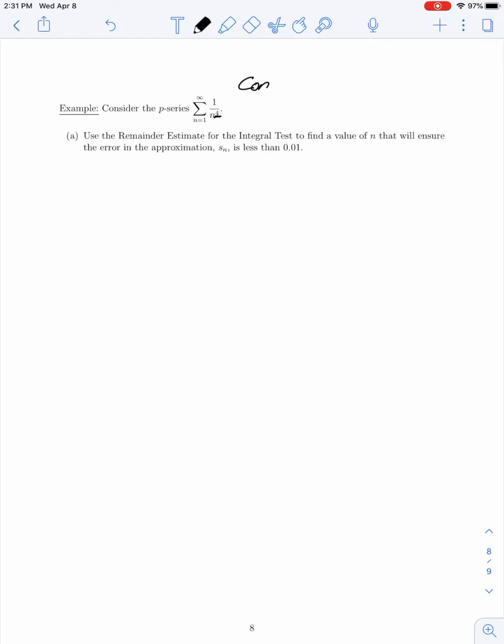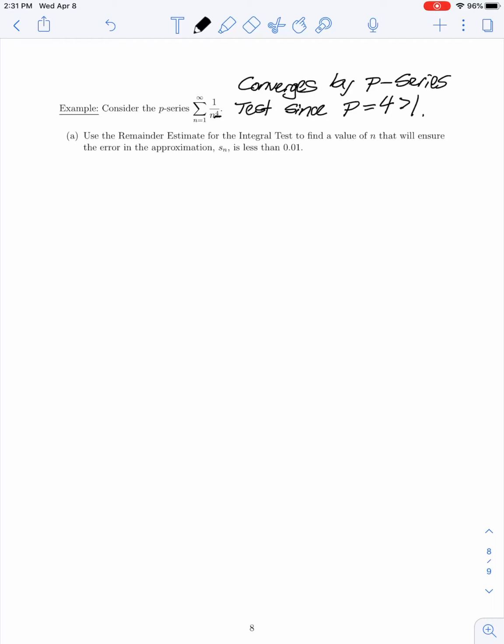So we could make a little note to the side here. We know that this series will converge by the p-series test, since the power p is equal to 4, which is greater than 1.